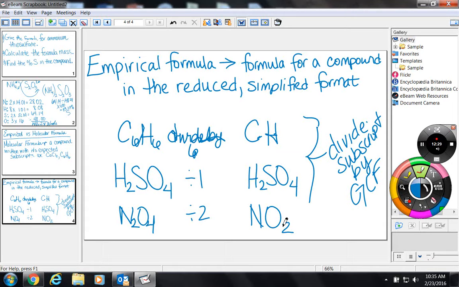All right, so that's one way to find the empirical formula. There's another. All right, that one seem okay? Is it easier or harder than that? It's a little bit harder, but it's not horrible. All right. So that's N2O4.